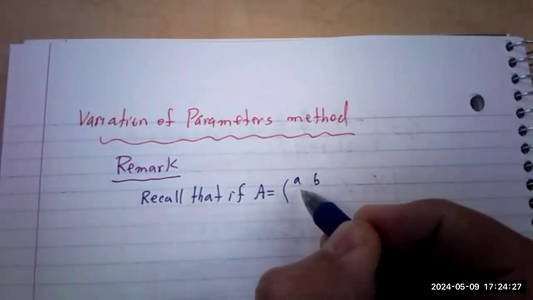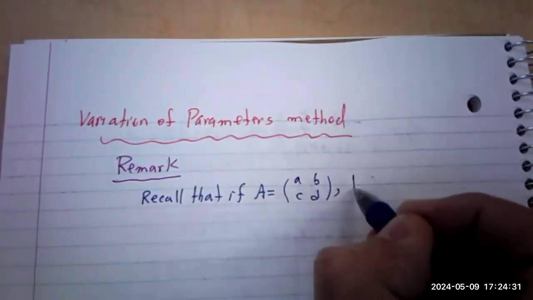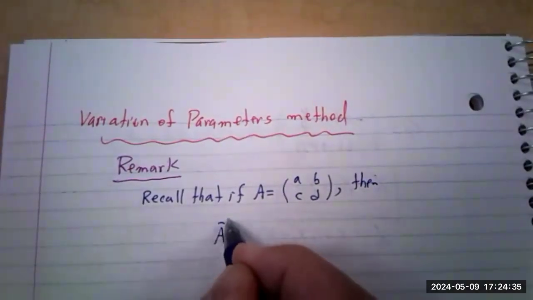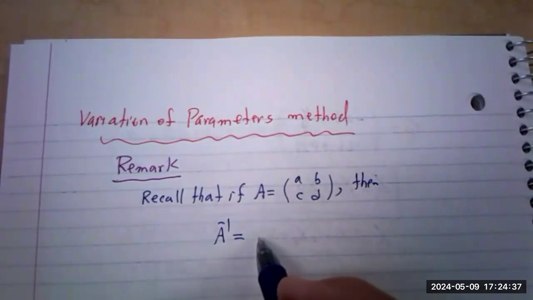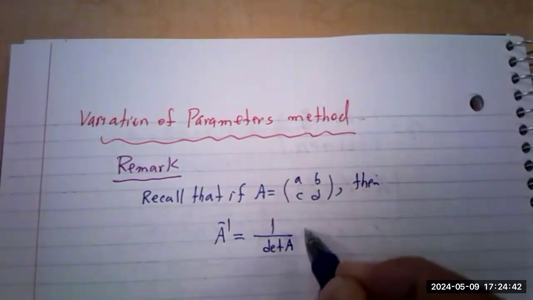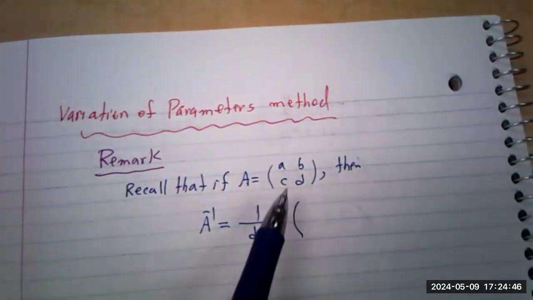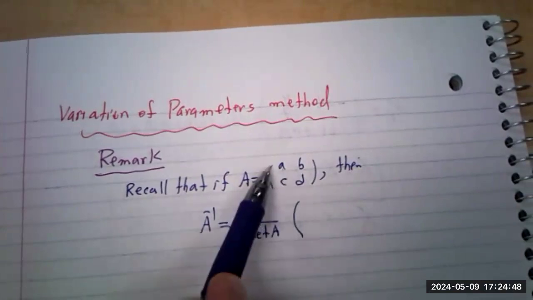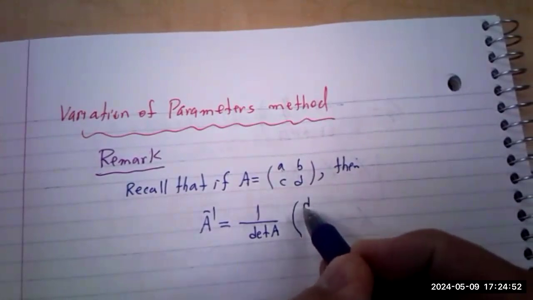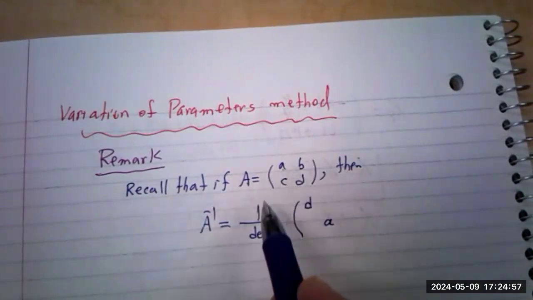Okay, if this is a matrix, then the inverse, A inverse, is going to be 1 over the determinant of A. Then the way we write the matrix is, we interchange A and D, so this is going to be D, and this is going to be A, and we change the sign of the B and the C.